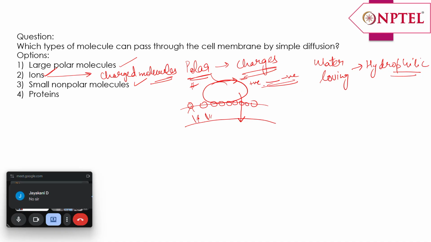Okay, so the first point is that large polar molecules will not be able to pass through the membrane via simple diffusion. So first of all, what is simple diffusion?